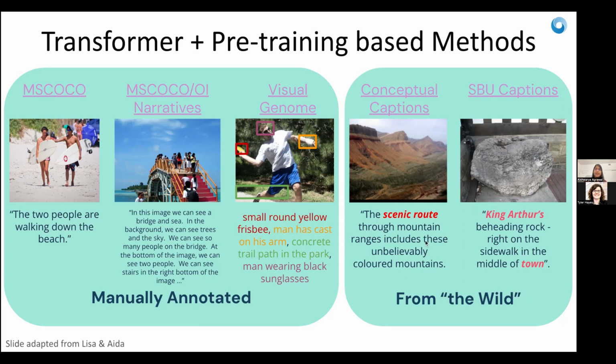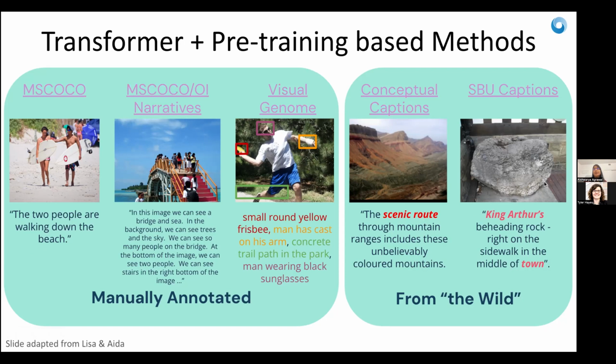They're much larger in size, but you might see that they're not necessarily describing the visual element. Sometimes they talk about the context around it. For example, here: the scenic route through mountain ranges includes these unbelievably colored mountains, right? So the quality is a bit different compared to a Coco kind of data set, where the human is explicitly asked to describe the visual elements in the image, and here they might talk about more abstract concepts as well.